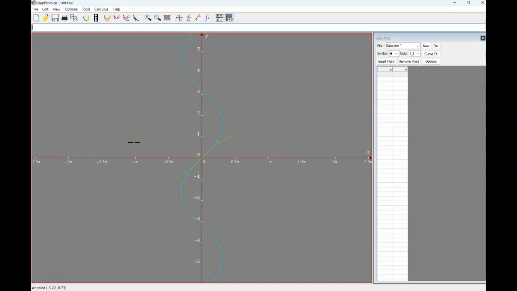Everybody's okay with that? I probably should have left that other piece in there. Let me change that back to red so it's easier to see the green. Okay, so I have this green piece here.